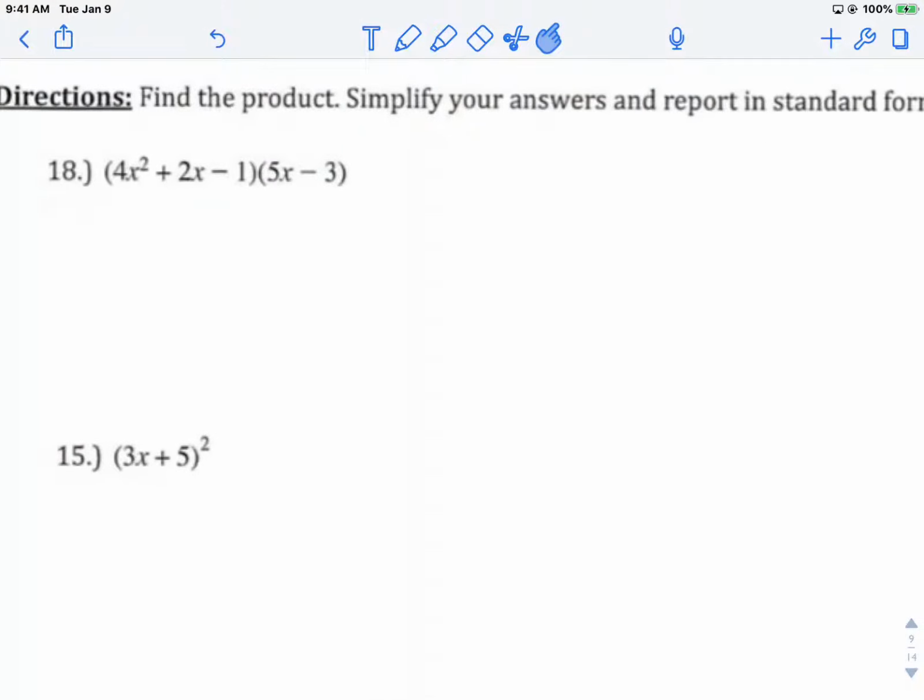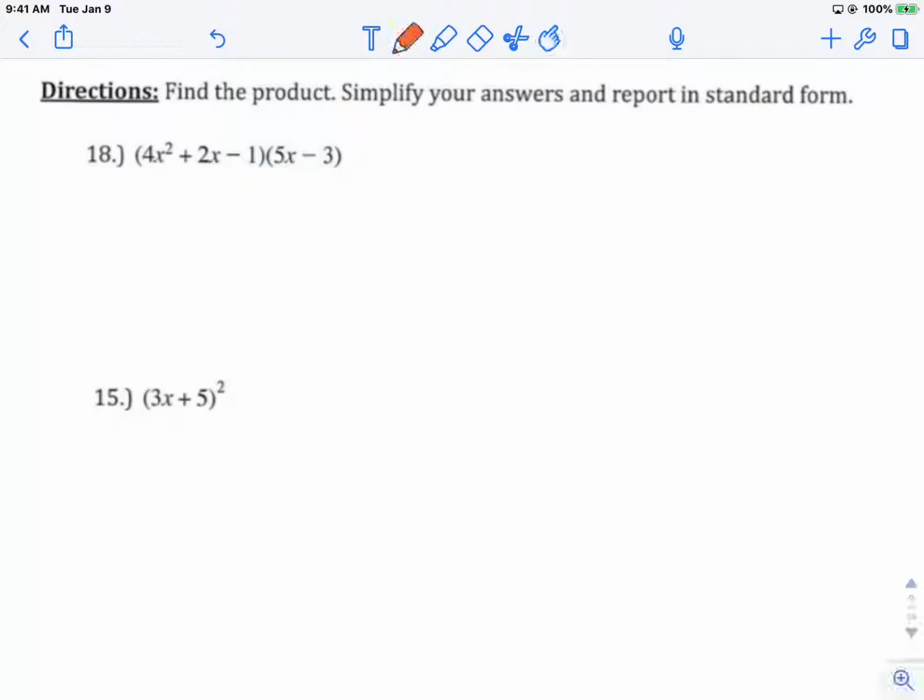Then you've got to be willing and able to multiply out some bigger products. So the last ones on this video are when we multiplied out multiple distributions. So when we multiplied a trinomial, this 3-term expression, by a binomial, a 2-term expression, that means we're going to have 3 things distributing over 2 things.